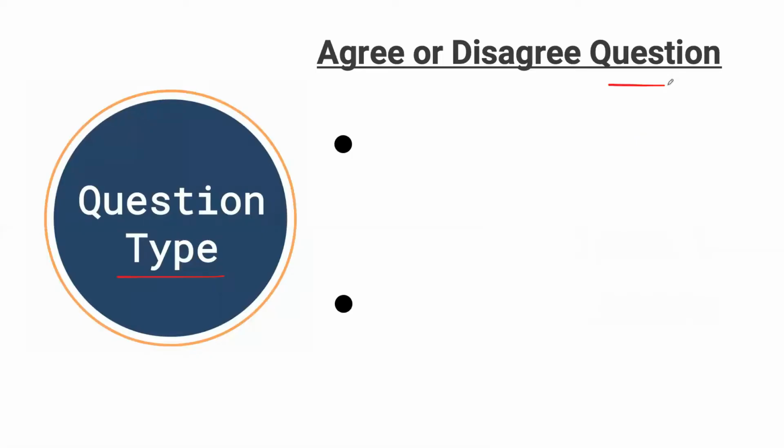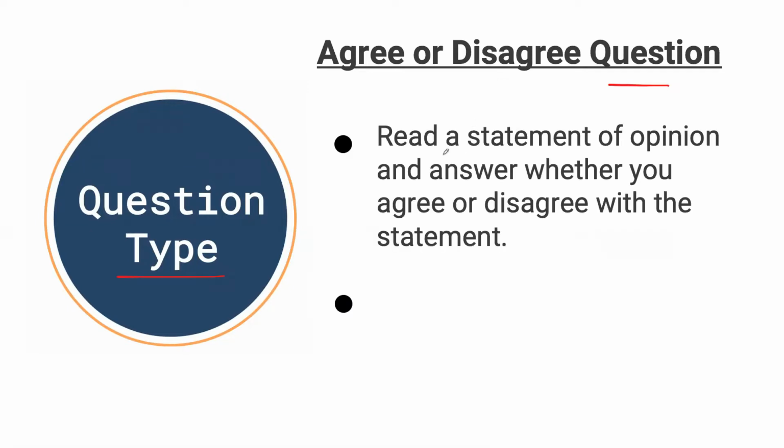Let's get started. Now, when you are looking at this writing prompt, I want you to keep in mind two things. Here, you're going to read a statement of opinion, and then you'll need to answer whether you agree or disagree with the statement. I'll show you some examples in just a bit, but I just want to make it clear that this doesn't have to be your actual opinion.